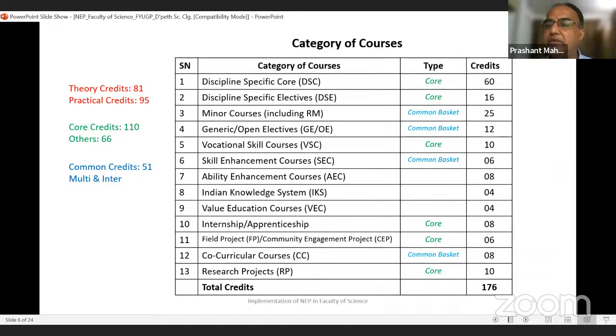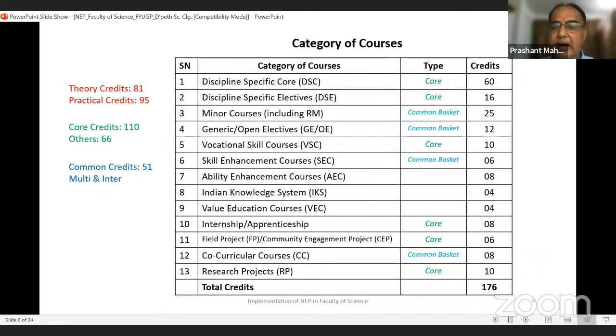What I'm trying to impress upon the participants is that even in the core credits of 110, there are 76 credits purely theory, and the rest of the credits are activity-based, performance-based, though they are connected to the major. So that way we are fulfilling the requirement of the major to be 50% of the total credits. We have exceeded 50% just because we have also added the activities which are performance-based, hands-on, related to the major.